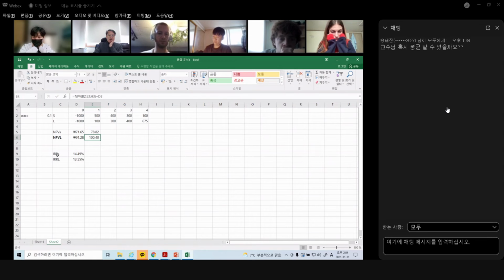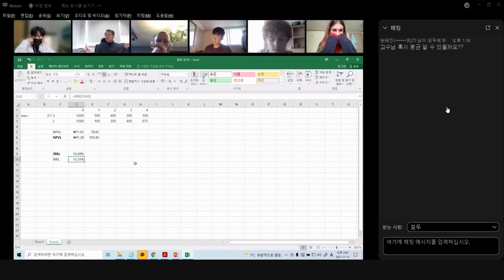But if we use the IRR, then the IRR for project S is higher than the IRR for project L. So there is a conflict, right? When we use NPV, we need to choose project L. When we use the IRR, we need to choose project S.